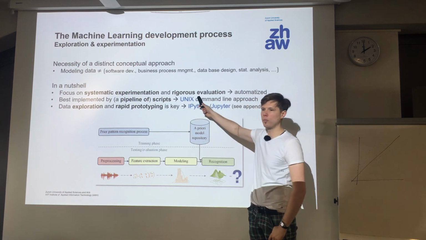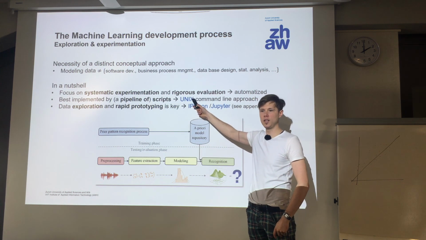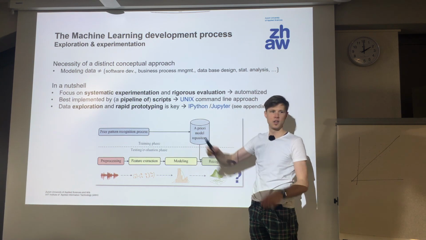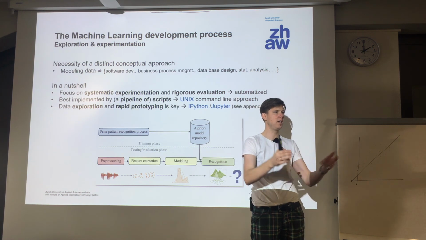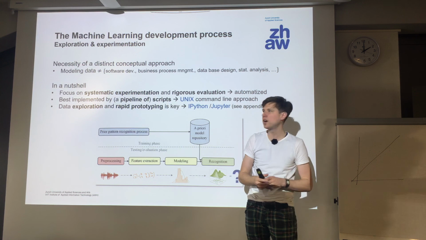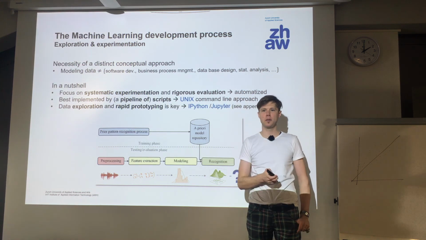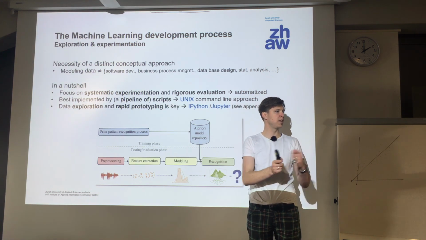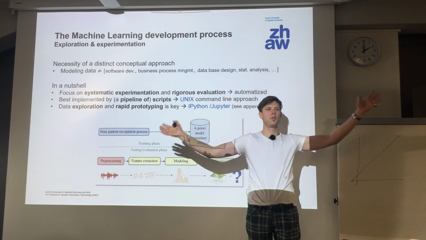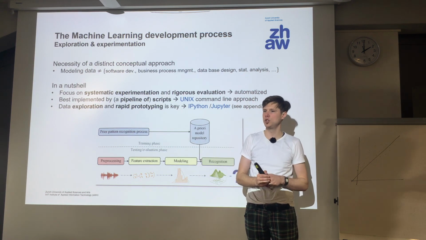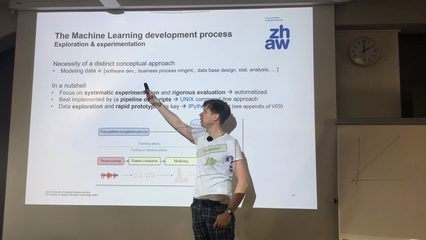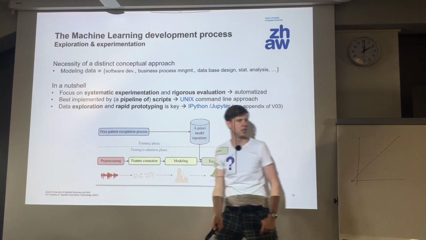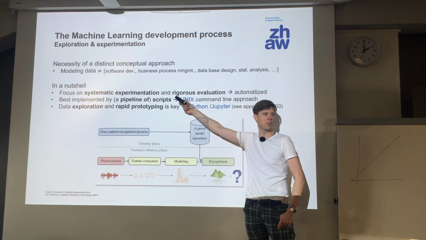That reminds me very much of the way you work on the Linux shell, or Unix shell. Small, dedicated programs that exchange data over files or over the standard in and out, and you pipe them together. Why? Because then you can quickly exchange something. If you write a huge monolithic software solution, it's very hard to maintain, and you will focus in the end on software development instead of experimentation. So I would advise you to use something like that.